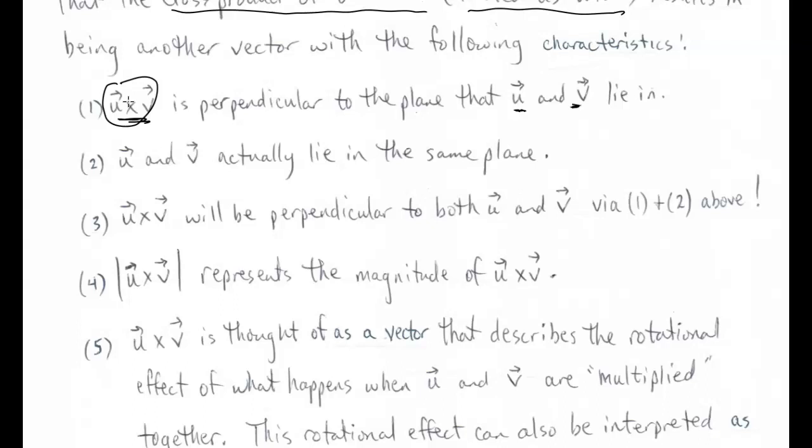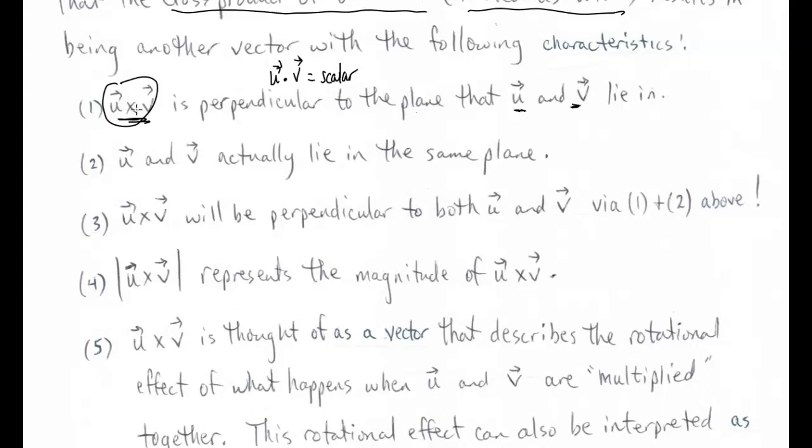If you remember with the dot product, we went from having 2 vectors, did some operation, and ended up with a scalar, meaning a real number. In this sense, we want a vector being quote unquote multiplied times another vector, and the result that we want to get is another vector. So that is one major difference between the dot product and the cross product.